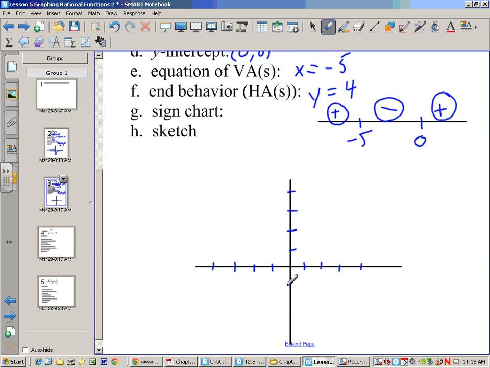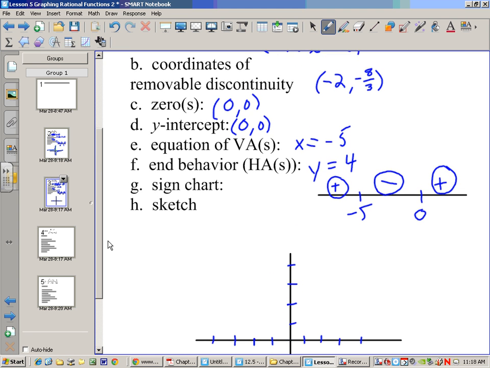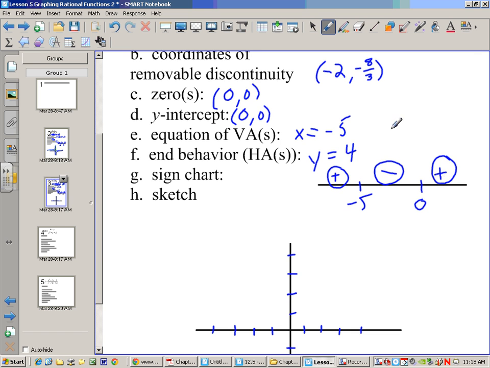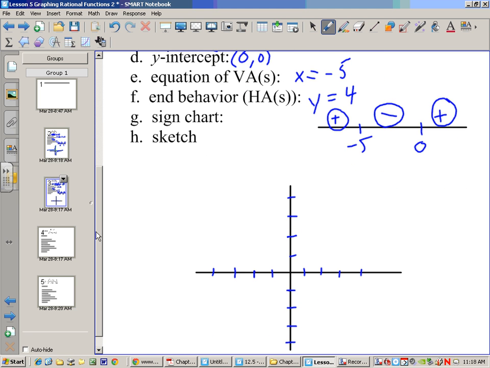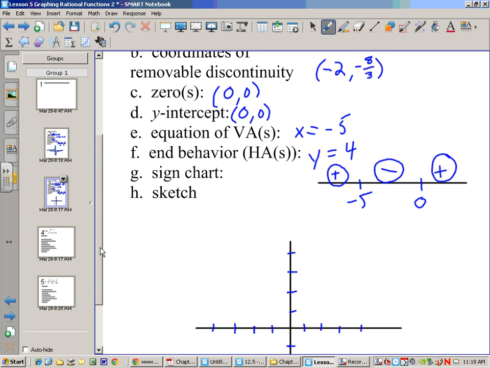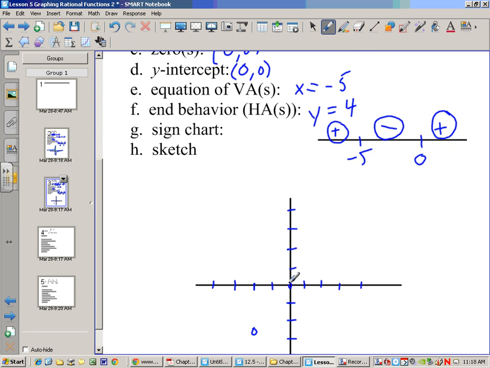Now, to fill in all of the information that we've collected so far, we have a point at our removable discontinuity at -2, -8/3. So -2, -2 and 2/3 would be down here. Zero at 0. Y-intercept is also there.